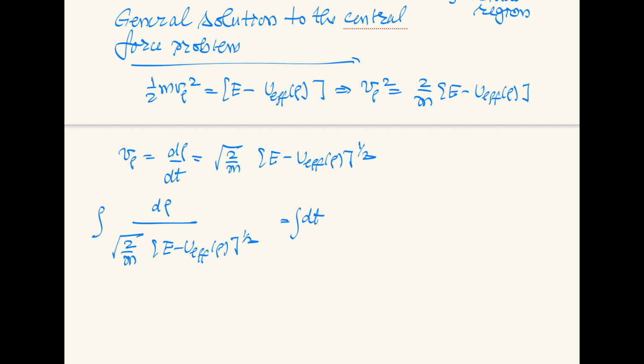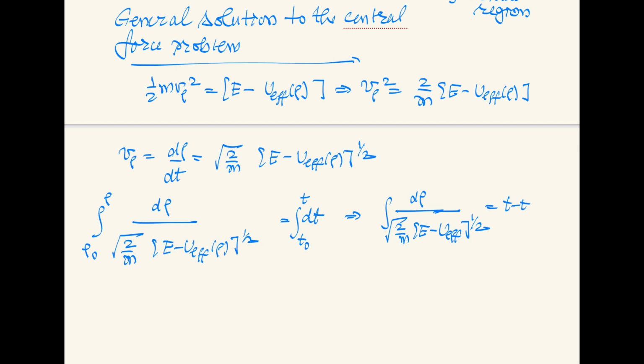Let us say that the time goes from some t0 to t, and the corresponding limits for rho are, let us say, rho 0 to rho. Okay, so therefore I'm going to find that the integral of d rho divided by square root of 2 by m into E minus U effective raised to the power half is going to be equal to t minus t naught.